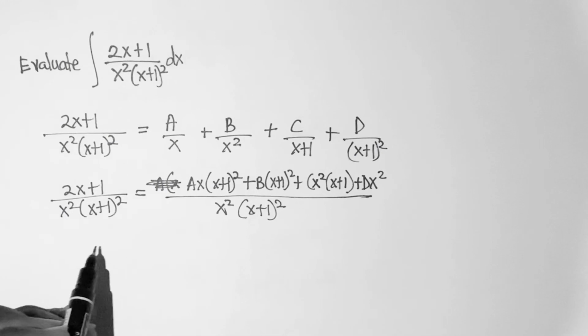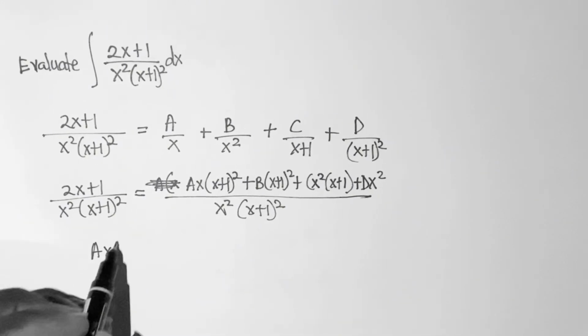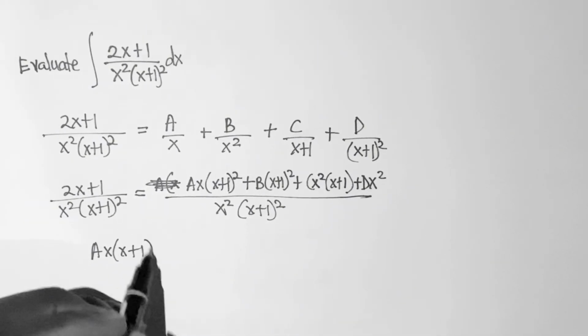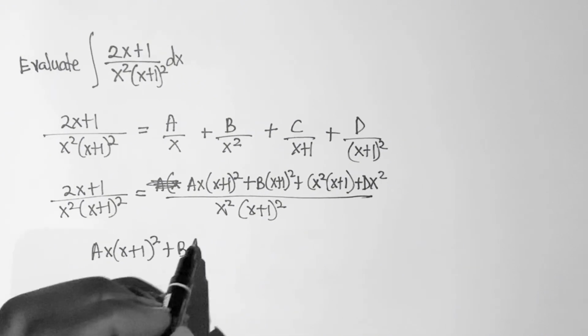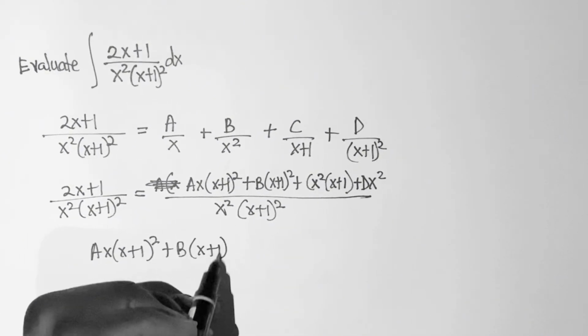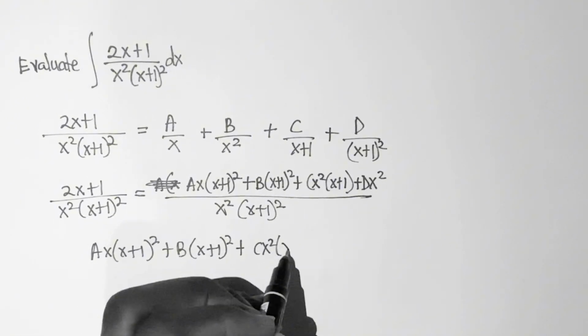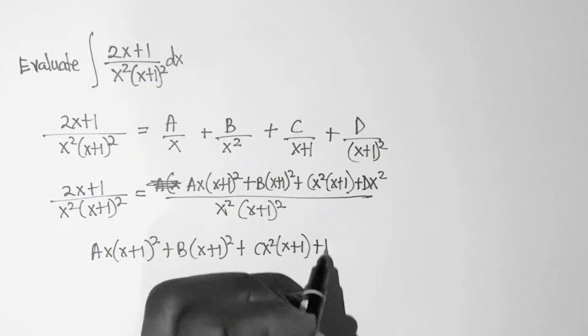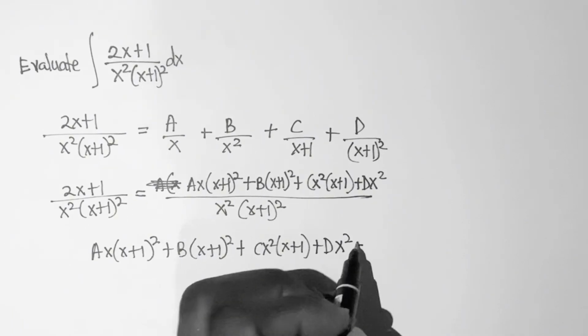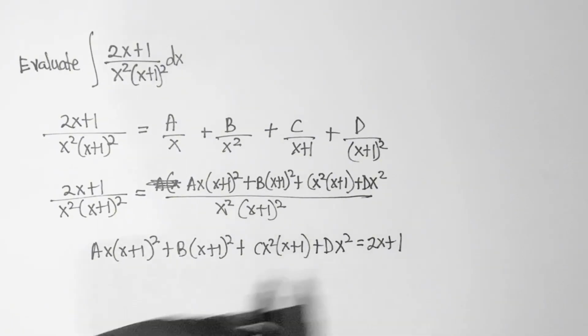So let's equate the numerator, which is ax times (x plus 1) squared, plus b times (x plus 1) squared, then plus cx squared times (x plus 1), then plus dx squared. This is equal to 2x plus 1.